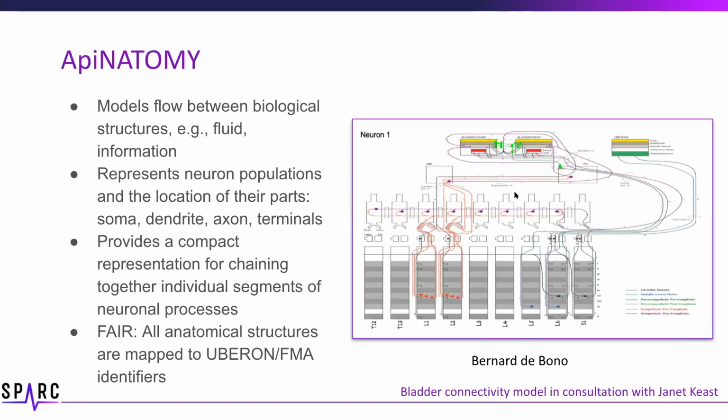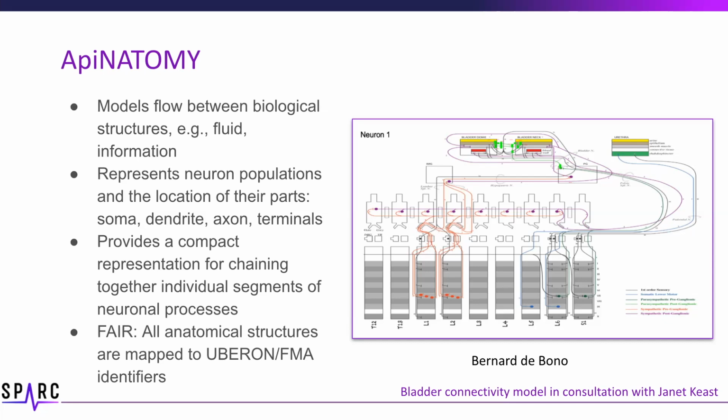To solve this challenge, we are using a tool suite and knowledge representation system developed by Bernard de Bono called ApiNATOMY, which literally stands for an API for anatomy. This is an exquisitely detailed and very elegant model that basically models flow between biological structures.